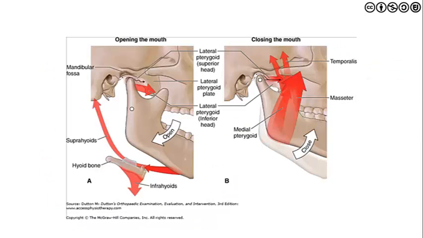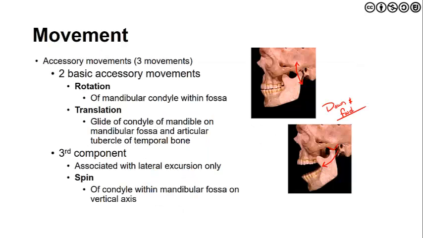You've seen these images before, again, just illustrating the role that some of these various muscles play. Again, the lateral pterygoid, really important for pulling on not only that portion of the mandibular condyle, but also on the disc to bring it along, such that everything stays in unison. As I mentioned just a moment ago, we have kind of two basic accessory movements. We have rotation and translation. Okay, rotation of the mandible occurs within the fossa. It's a down and forward or an anterior-inferior portion.